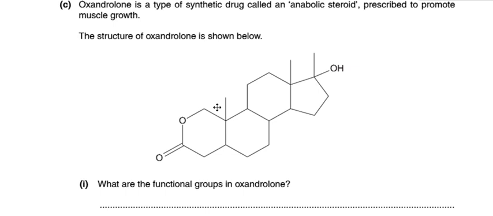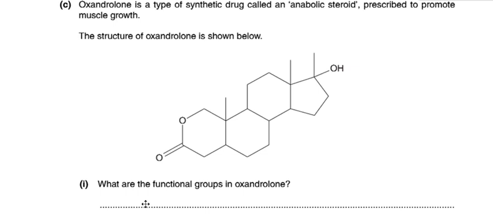So we're looking over here, we've got lots of rings which make up our steroid, but then we've got this OH here from alcohol, and here be careful, you've got a C double bond O, and you've got an O, so this is an ester link. Don't be fooled by the fact that it's a cyclic. You can have cyclic esters too. If you've got a C double bond O and an O next to it, then that's your ester functional group.